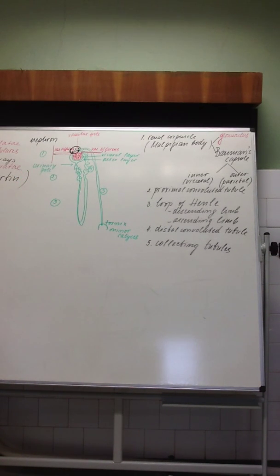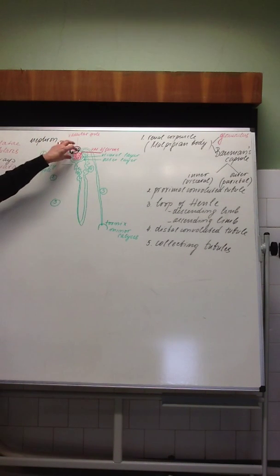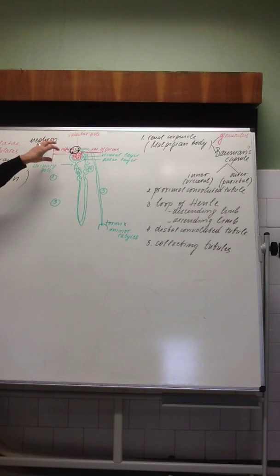Arterioles contain smooth muscle cells in their wall. They are called juxtaglomerular cells. The whole structure is named the juxtaglomerular apparatus.